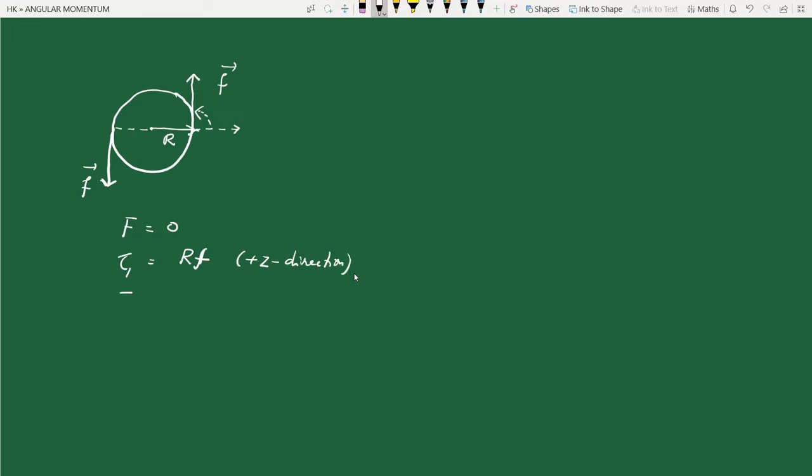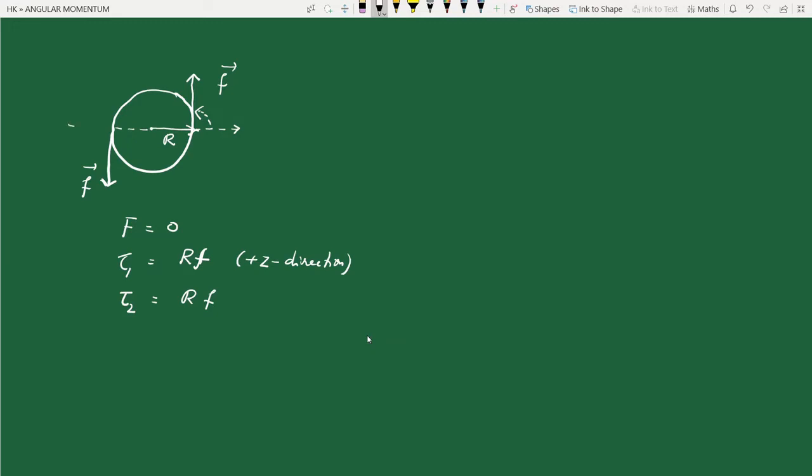Now consider the torque due to the second force. Here also the perpendicular distance from the origin to the direction of the force is again R, so the magnitude of the torque is RF. Let us see the direction of the torque.